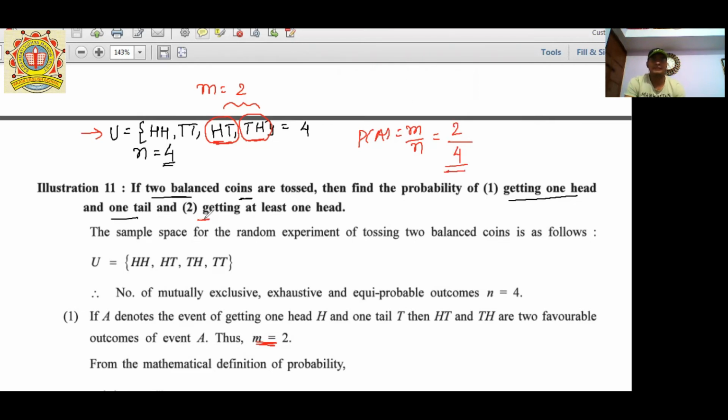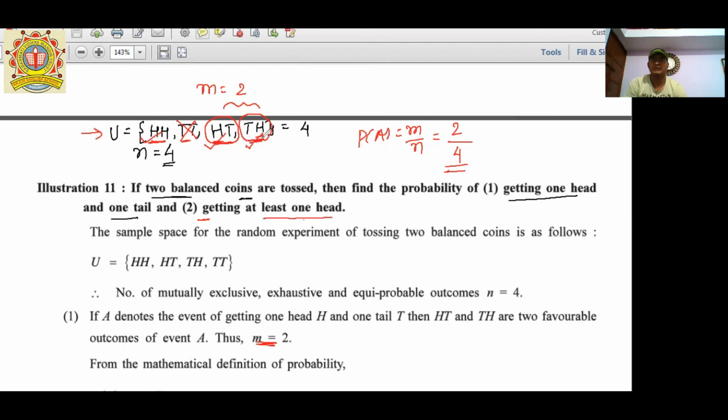Now the second point, getting at least one head. So here you can see the total 4 outcomes. At least one head means here there are 2 heads, so it is included. Here there is no head, so it is excluded. Here one head is included, again one head is included. So for getting at least one head, there are 3 possibilities.